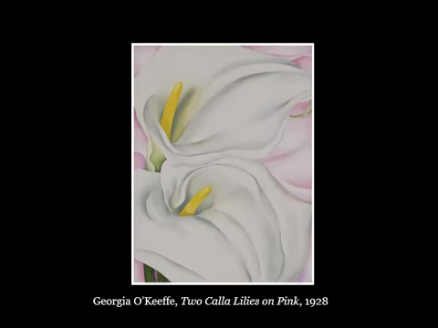So she has used color in conjunction with the large scale of the painting to draw attention to specific elements within the flower. So you see, even though it's a white flower, you see the folds and the creases and the contrast in the white against the pink and the green and the yellows.